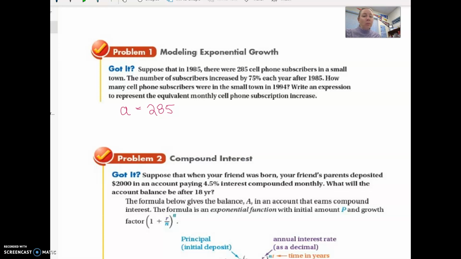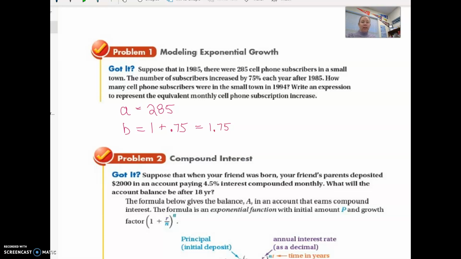It says that the number of subscribers increased 75% each year after 1985. So that will be our growth factor. So we're going to take 1 plus, we're going to change that to a decimal, our percent. So our growth factor will be 1.75.